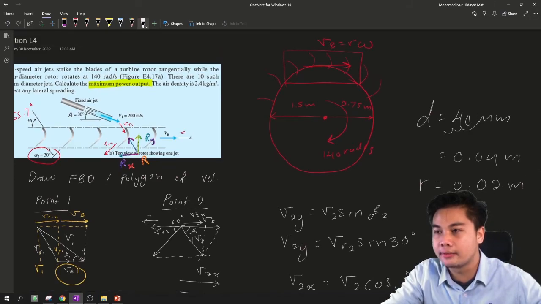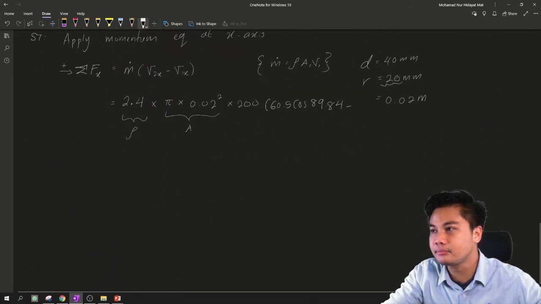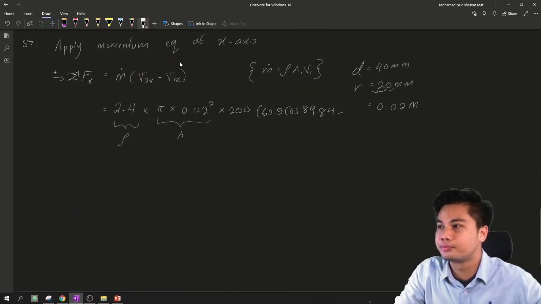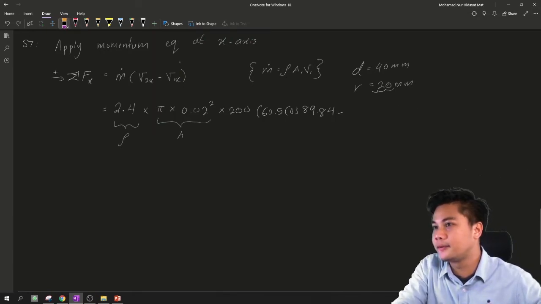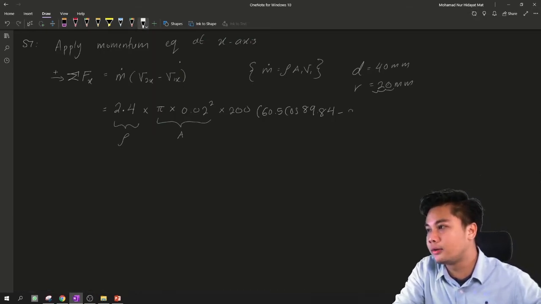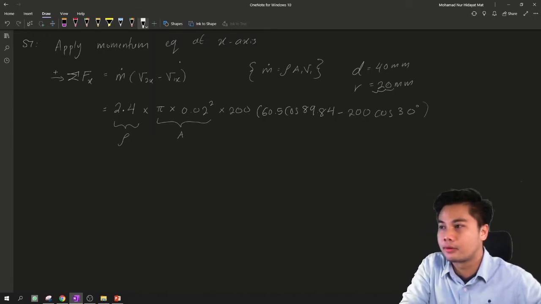This is beta 1. So 200 cos 30. So we continue here, 200. This is V1 cos 30 because this is the angle with respect to the horizontal. Alright, this is velocity. So the whole thing is the mass flow rate.